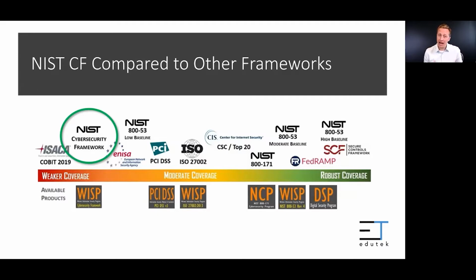That's not a bad thing, because if we had to be on the far right of this graphic, it might be overwhelming to implement the measures that maybe the Department of Defense is required to implement. That's more along the lines of the NIST 800-53 standard.